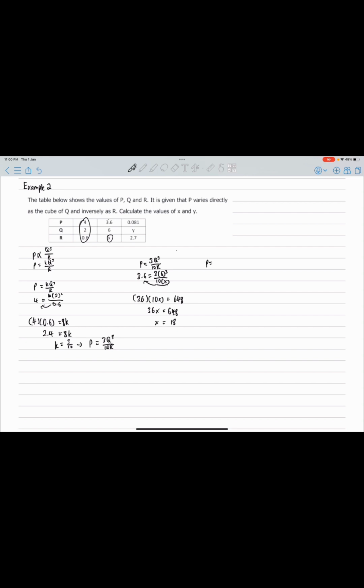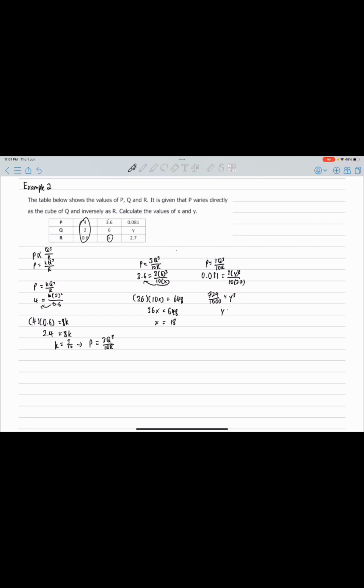Now let us find y. For the same thing, we put the equation first, then P is equal to 0.081, 3, Q we don't know, and 10, 2.7. So move everything to the left side, so we can get 729 over 1000 equals y cubed.